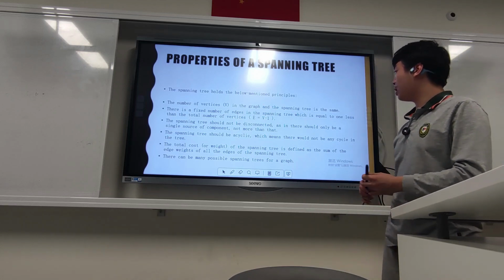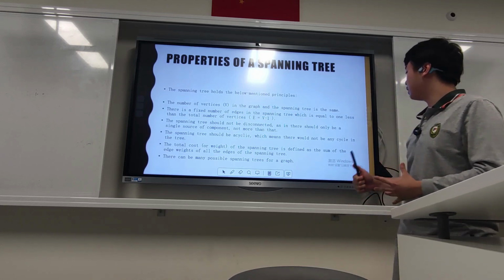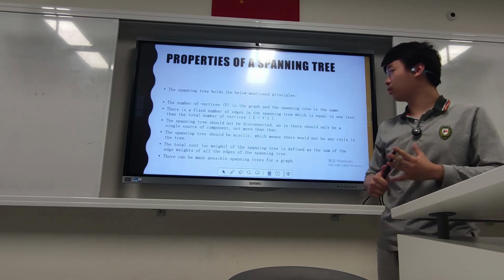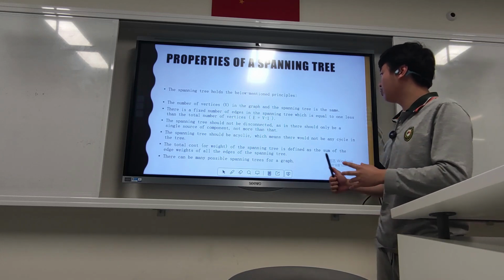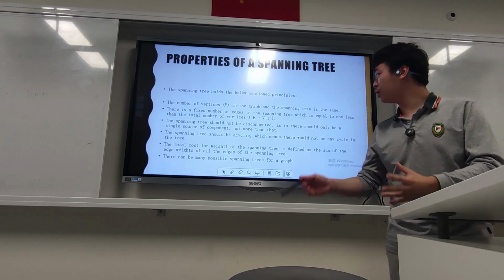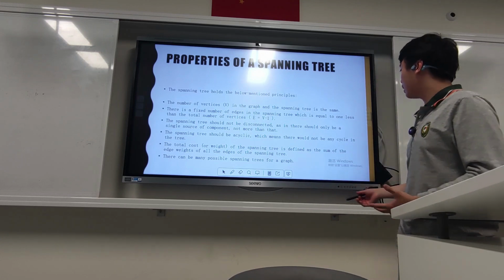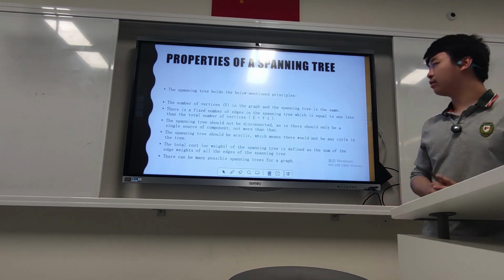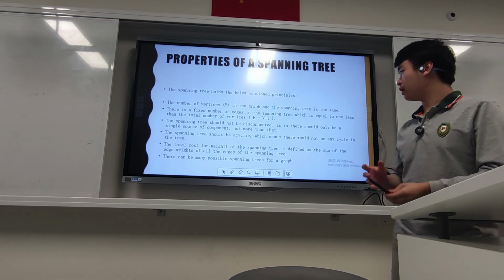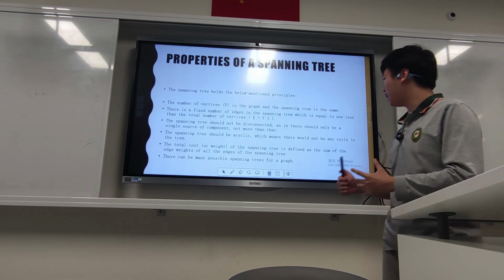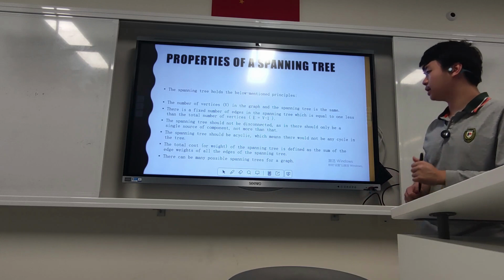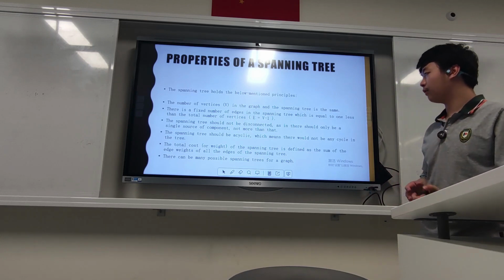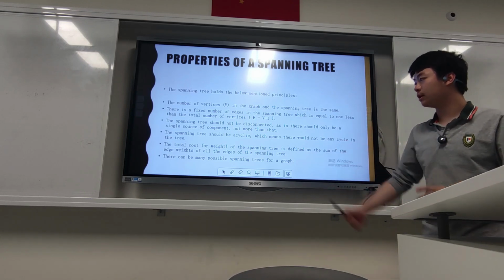The spanning tree should not be disconnected, as in there should only be a single connected component, not more than that. The spanning tree should be acyclic, which means that there would not be any cycle in the tree. The total cost or weight of the spanning tree is defined as the sum of the edge weights of all the edges of the spanning tree.